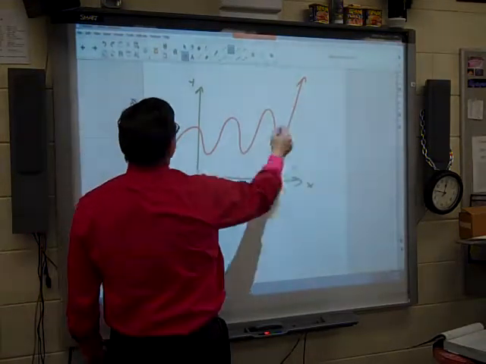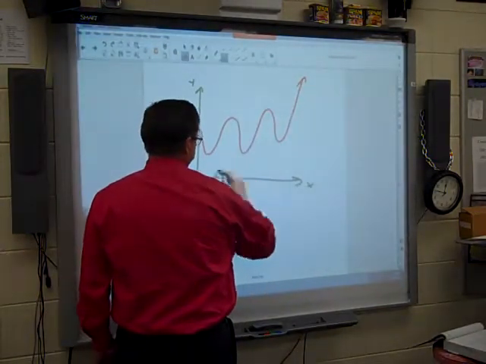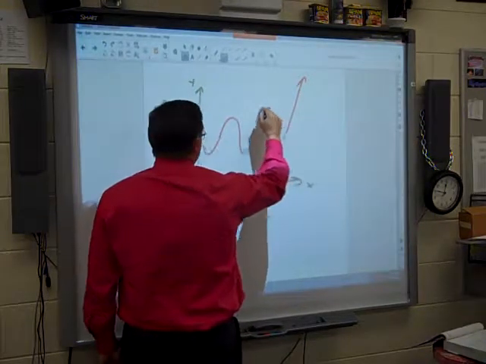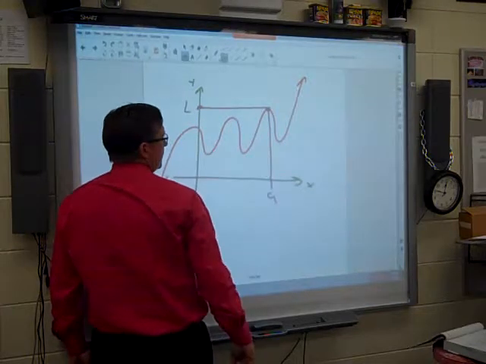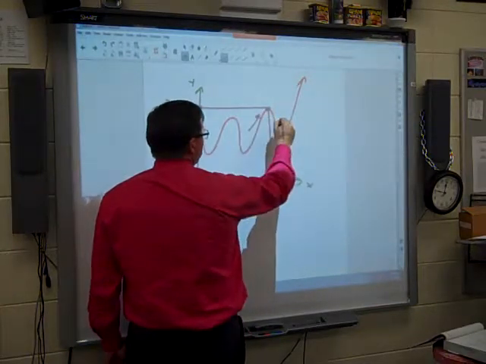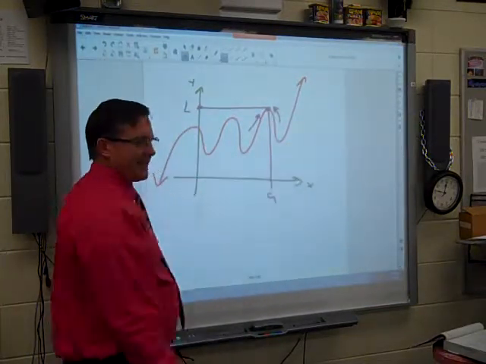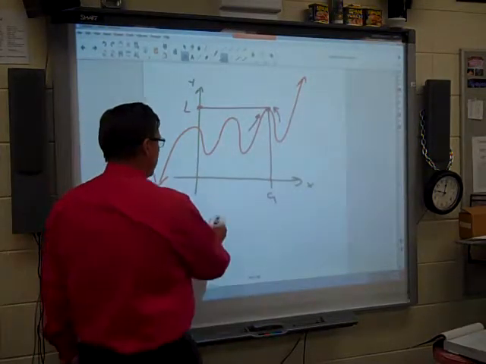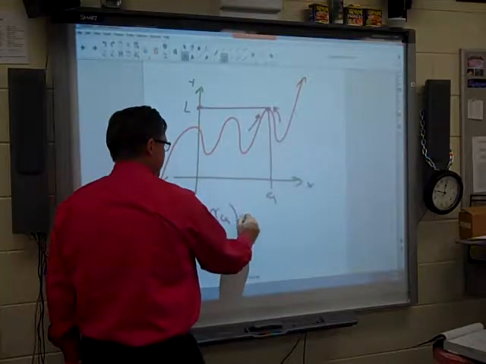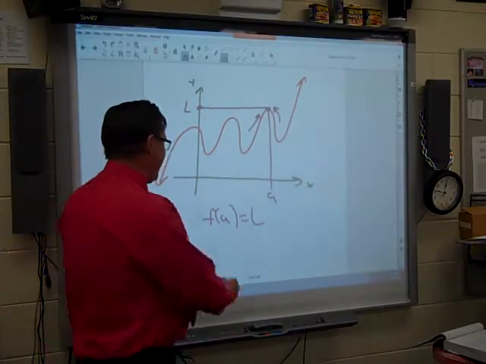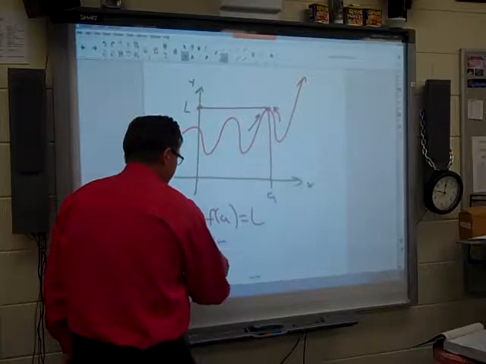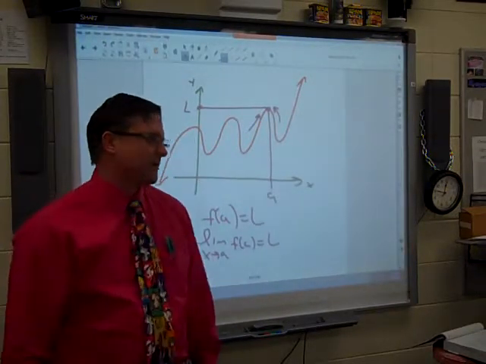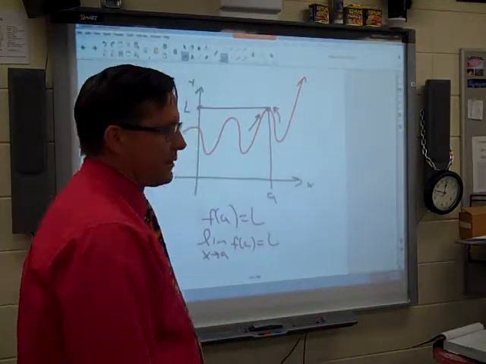I don't care where you tell me to stop on the x-axis, at A. As you approach that point from the left-hand and the right-hand side, it's getting closer and closer to L. And what's the value of the function itself at f of A? L. The limit and the function have the same value. So polynomials often with limits are pretty boring.